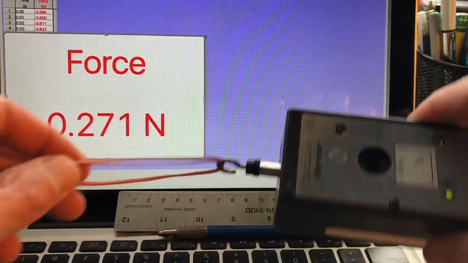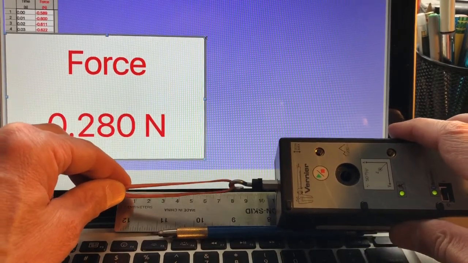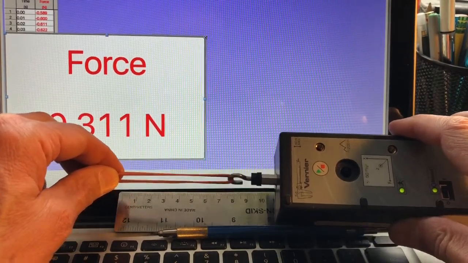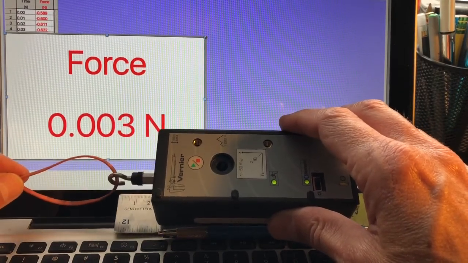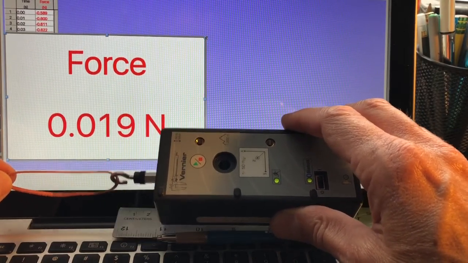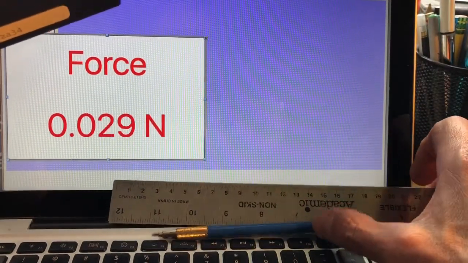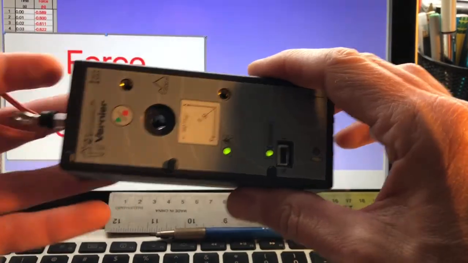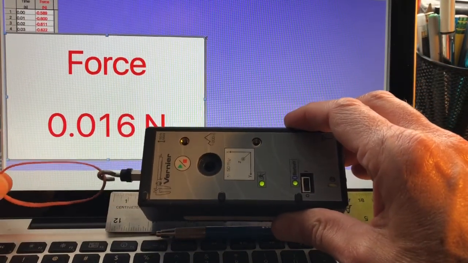All right, same thing applies here. So we're going to start at 0, and I'll move the whole system over here. Okay, 0. Oop, there goes our ruler. Stay up there, there we go. And we'll do about 5.